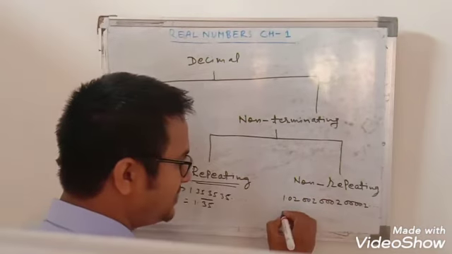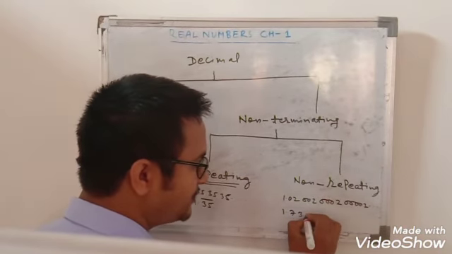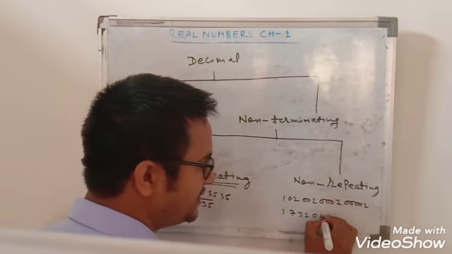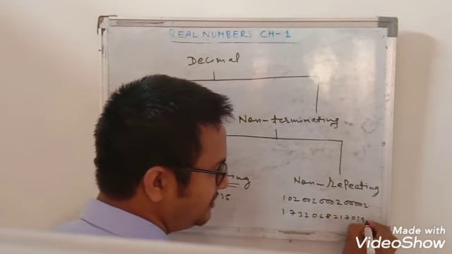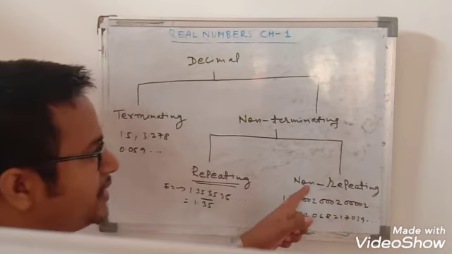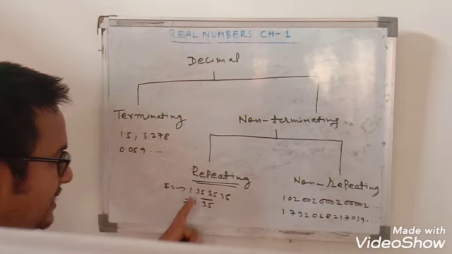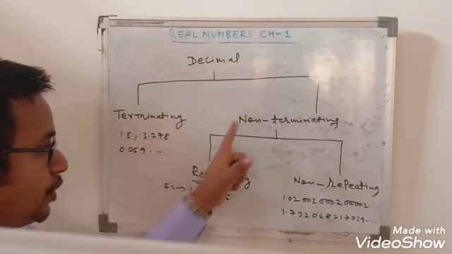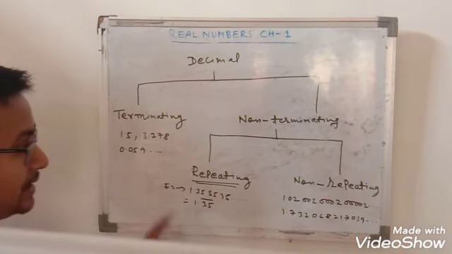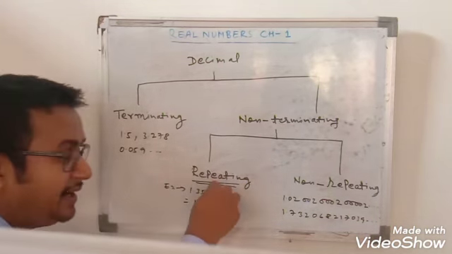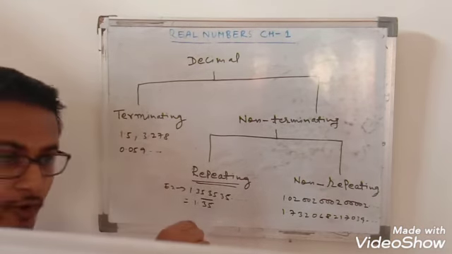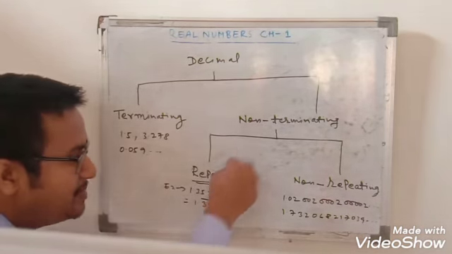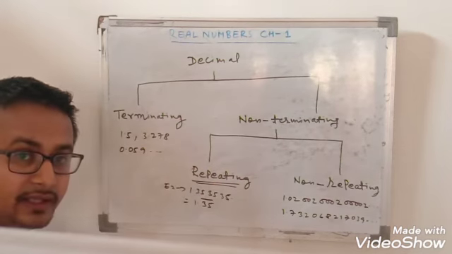Another example, 1.732068217039... All are non-terminating non-repeating, but the earlier one is non-terminating repeating. So non-terminating repeating can also be written in P by Q form, so it is also rational.